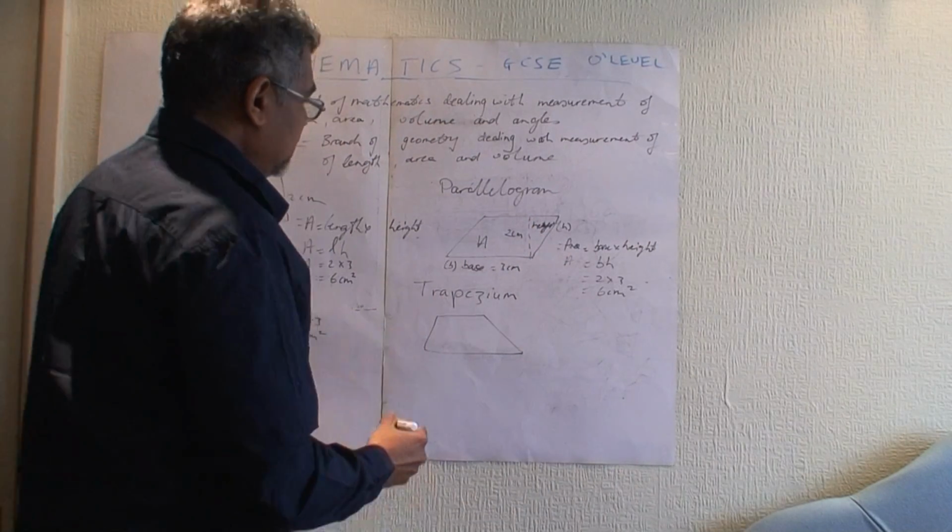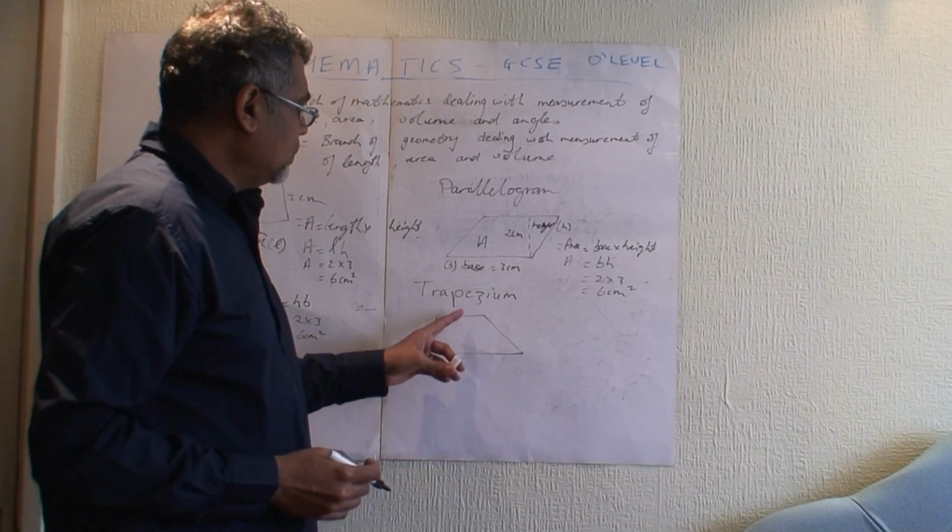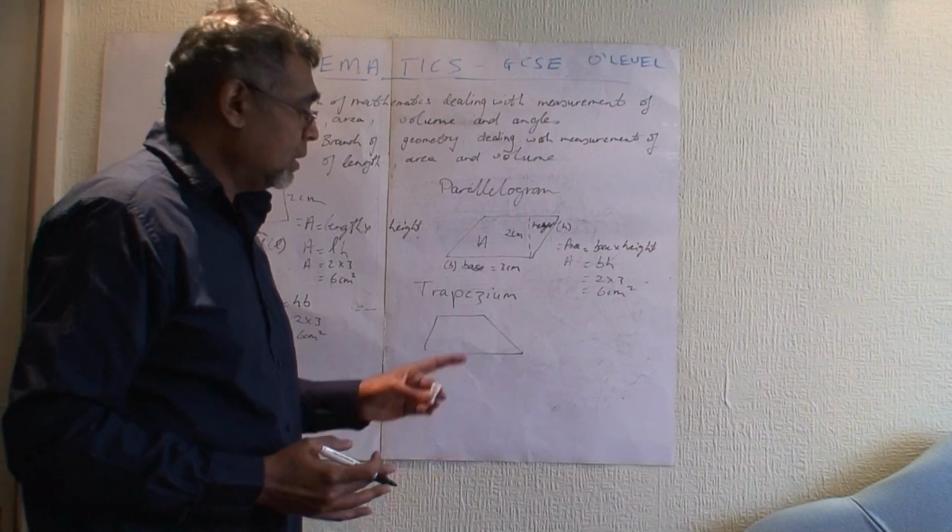In a trapezium, what we covered in the last video is that only 2 sides are parallel, and they are not equal.